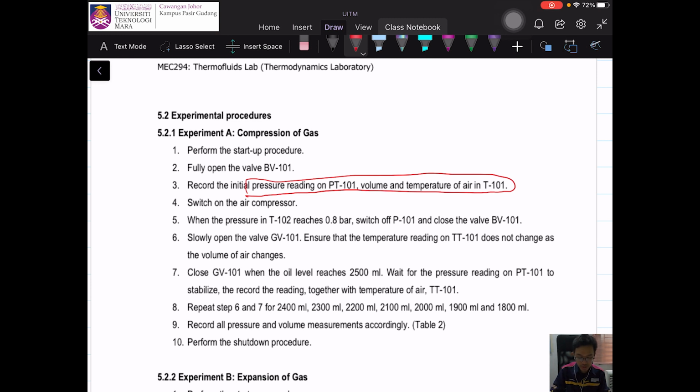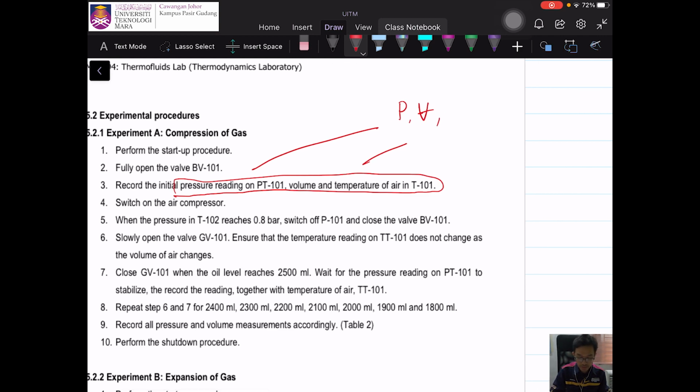So this will give you the initial pressure and volume, where no compression and no expansion has happened. This is important so that you know the value of your mass, by using the equation PV equals MRT. So you need to get your mass first.